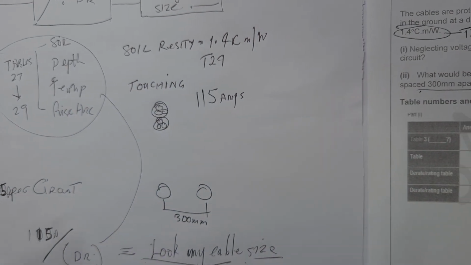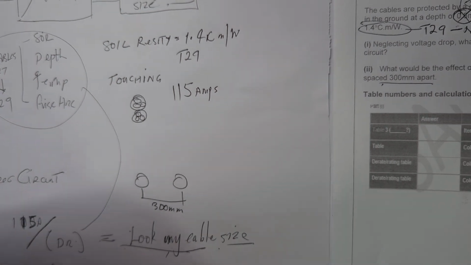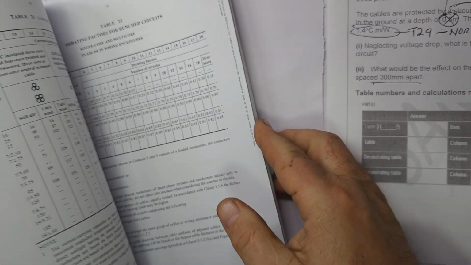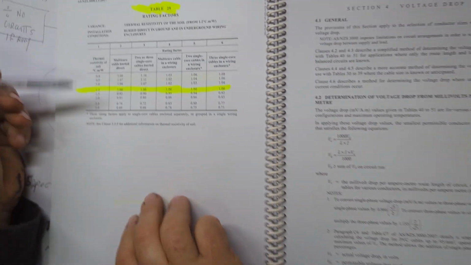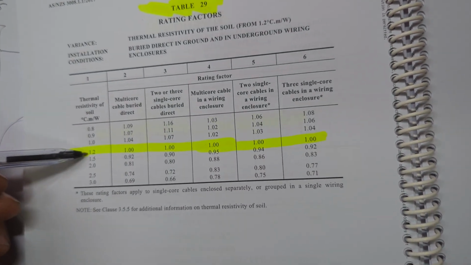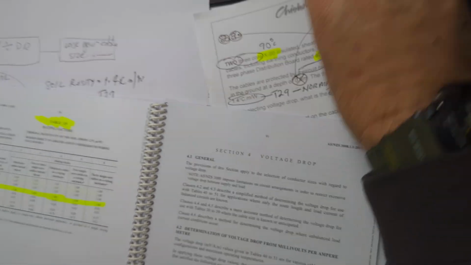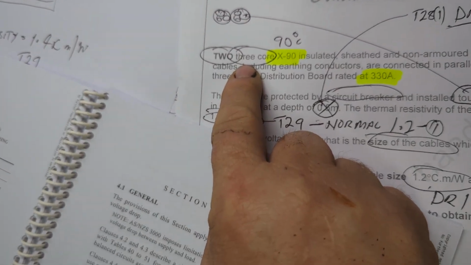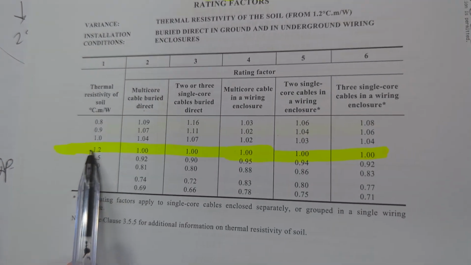Now the only thing I need to do is look up soil resistivity, table 29, so I'll go to that. At 1.2 the factor is 1, and we're doing a multi-core because the question says 3-core, buried direct in the ground.